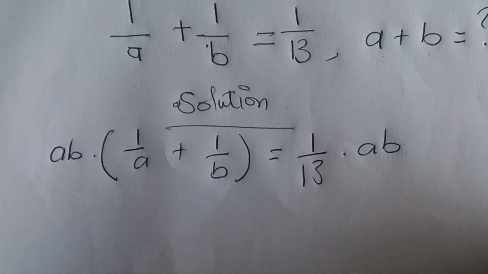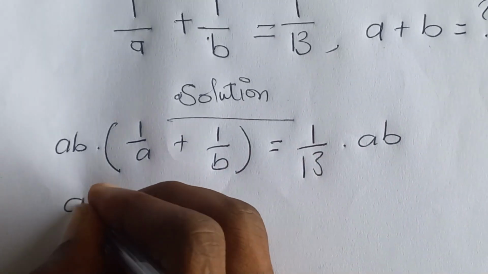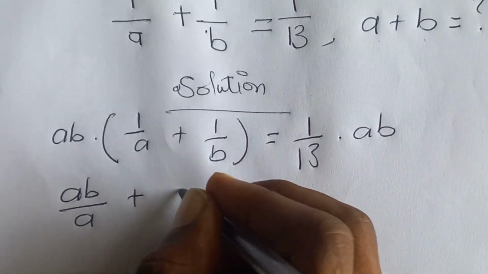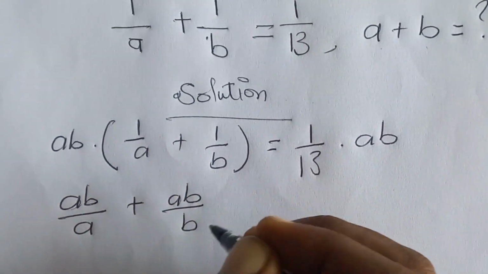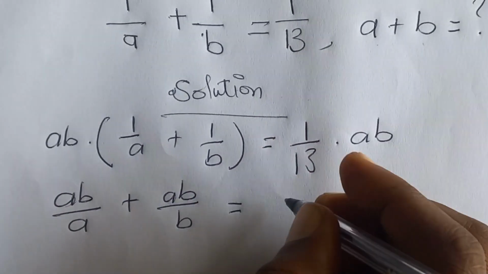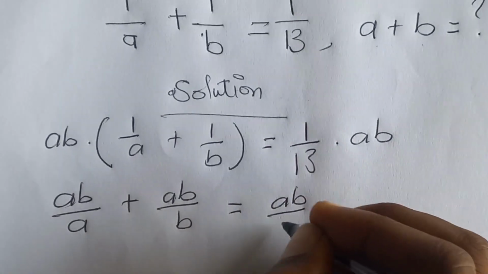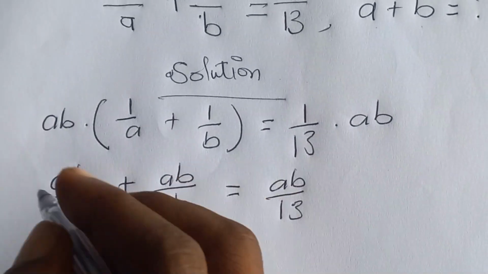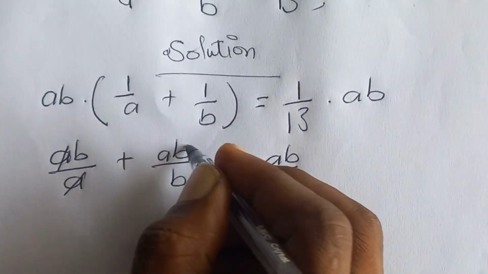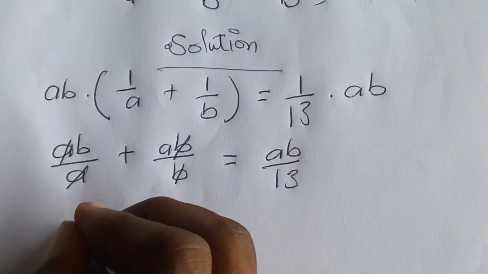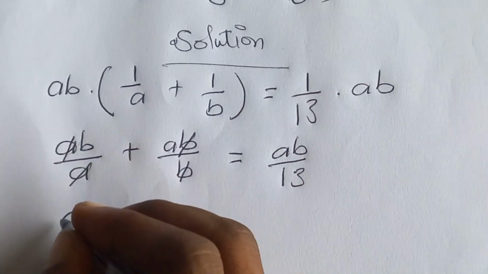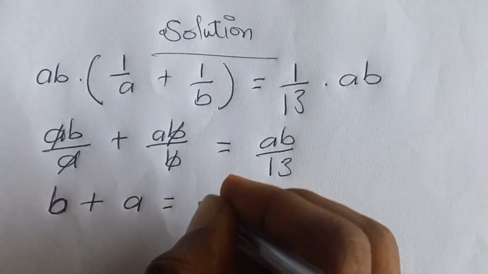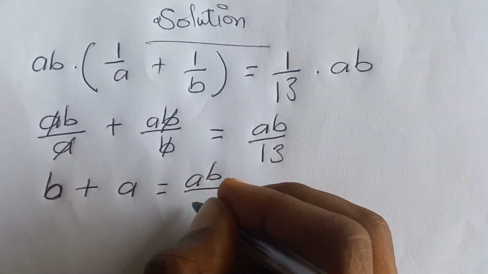Alright, so we are going to get AB/A plus AB/B, which is equal to AB/13. Here we cancel A, here we cancel B, leaving B plus A is equal to AB/13.